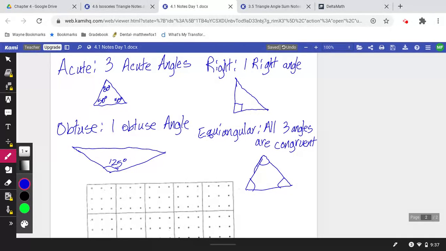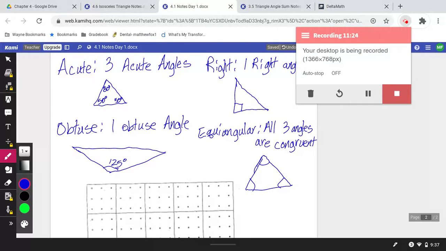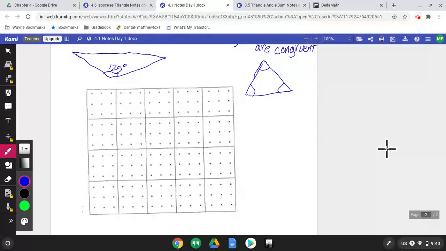All right, so one final thing real quick. The final thing I want us to look at is if we draw some different triangles here on these grids, and there's a lot of ways we could draw a triangle. But for example, if I draw a triangle right here, what type of triangle would this be?